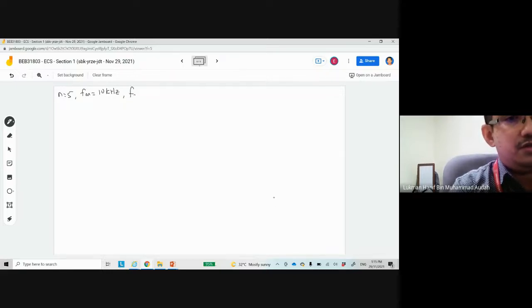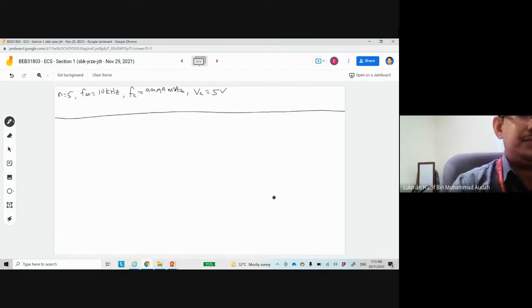FC is equal to 99.99 megahertz. Okay, and then we know that VC is equal to 5 from the questions, 5 volt. Now we want to draw the spectrum.